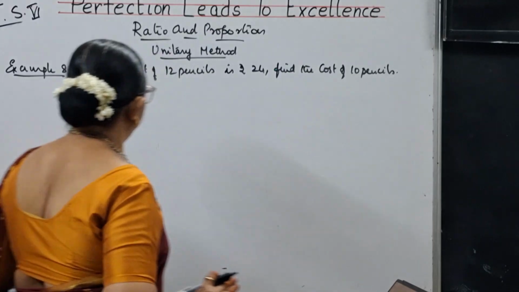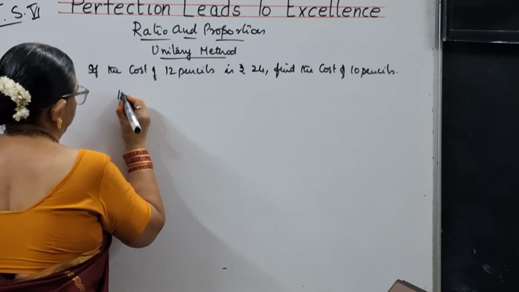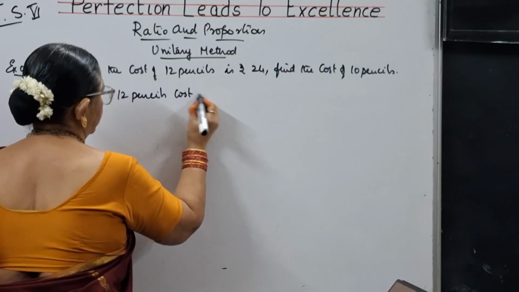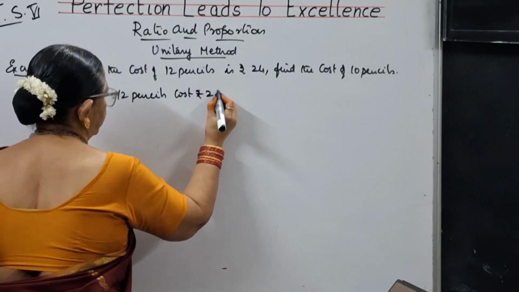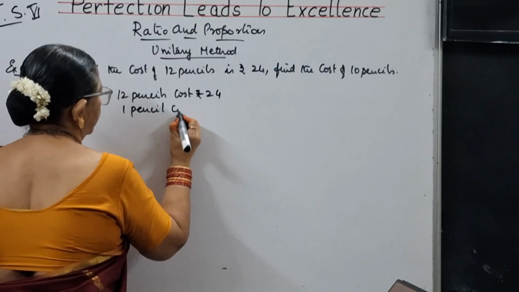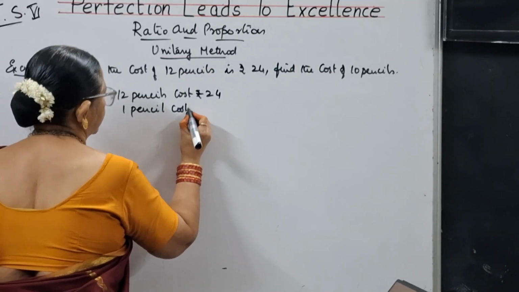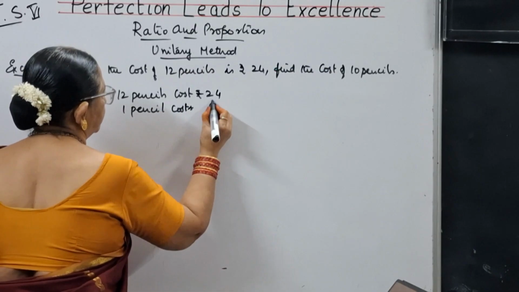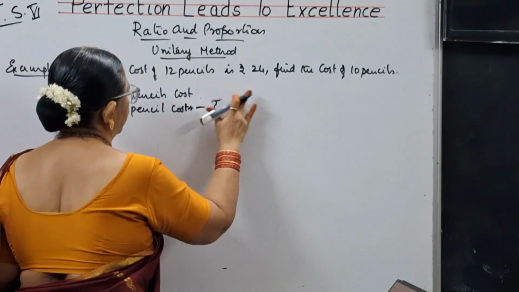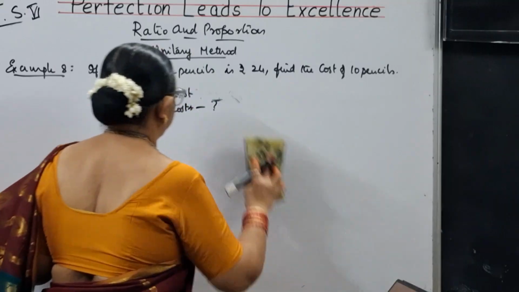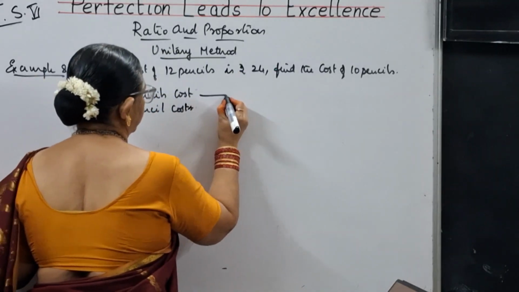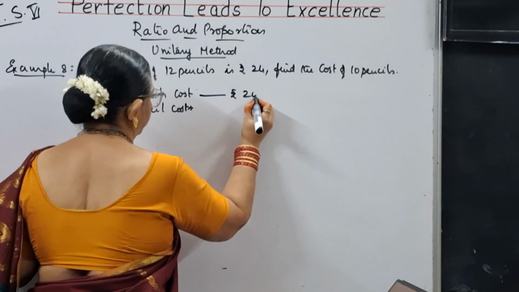So let us see here. 12 pencils cost 24 rupees. So first you find out what is one pencil cost. How much? This is the question. 12 pencils cost, you can even draw a line here. 12 pencils cost rupees 24.